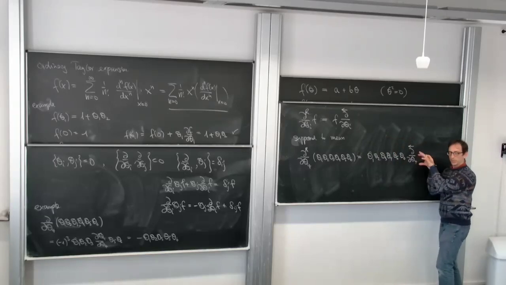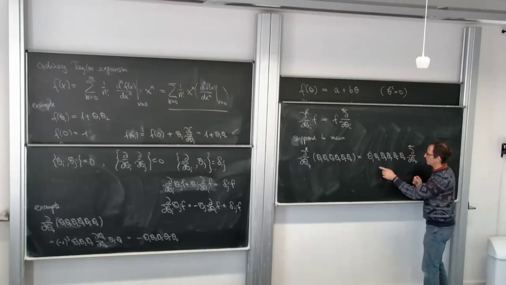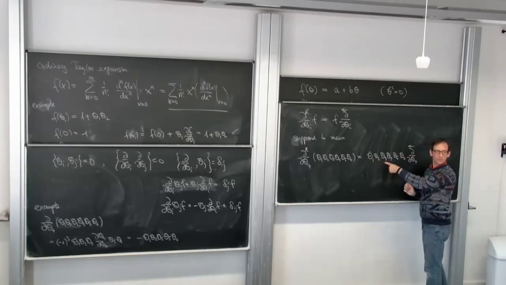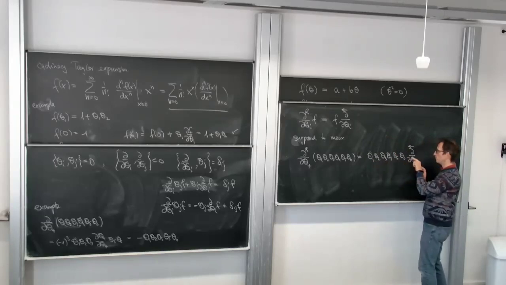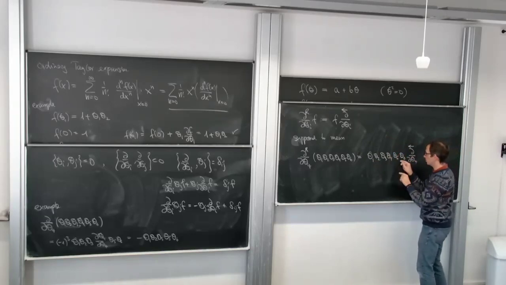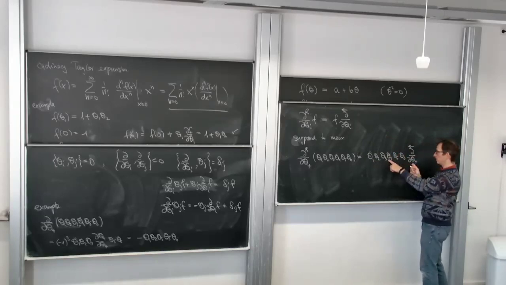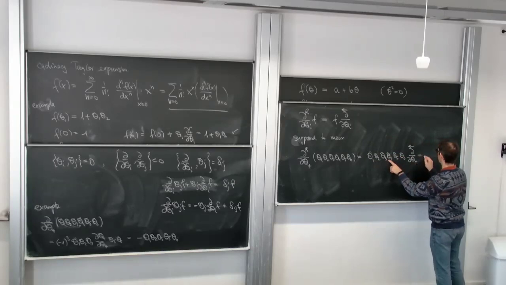And now it has to eat its way from the right. And deliberately, I chose three thetas on the left of the θ4 and two on the right. So this only has to jump twice. So if this goes twice there to hit its partner, it gets two minus signs. So this is (−1) squared.